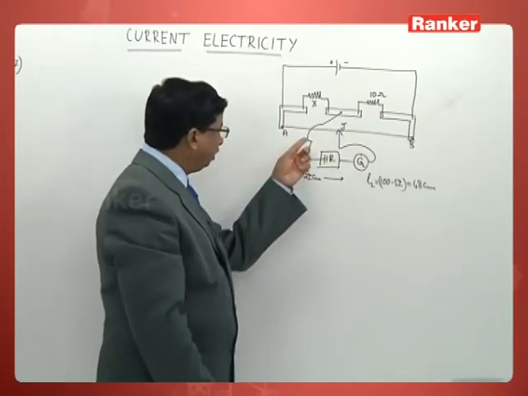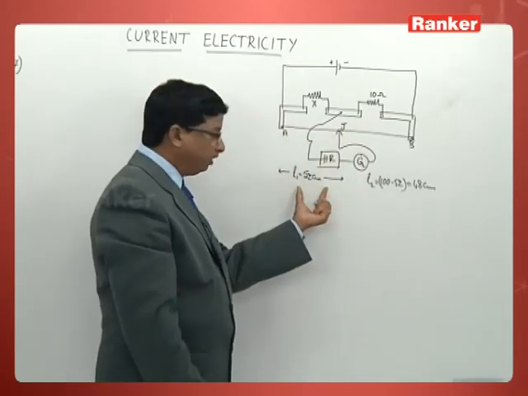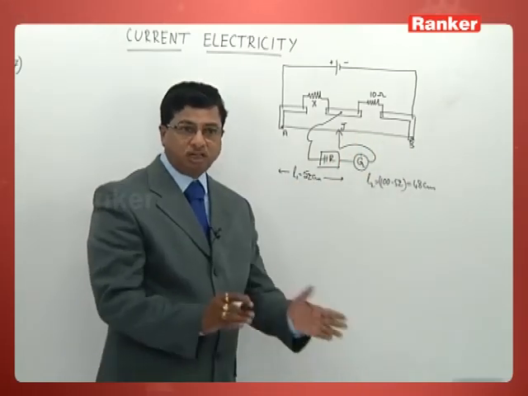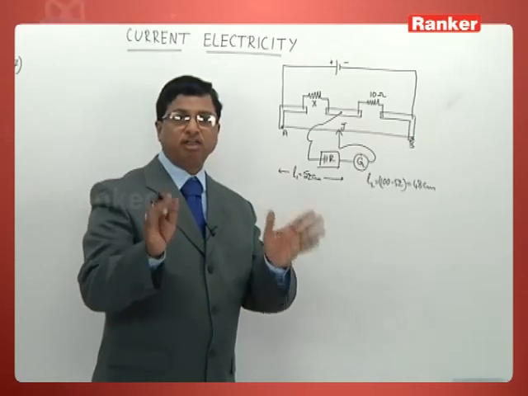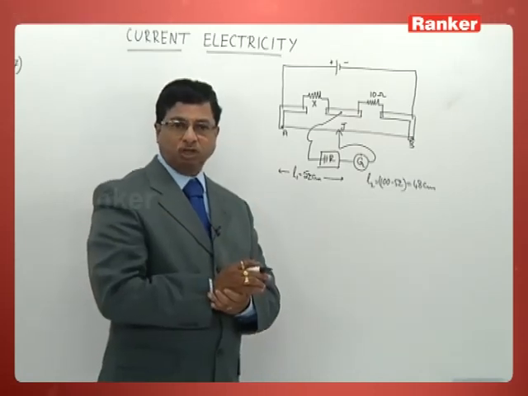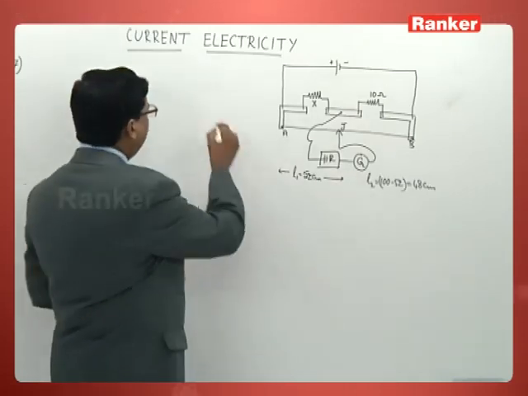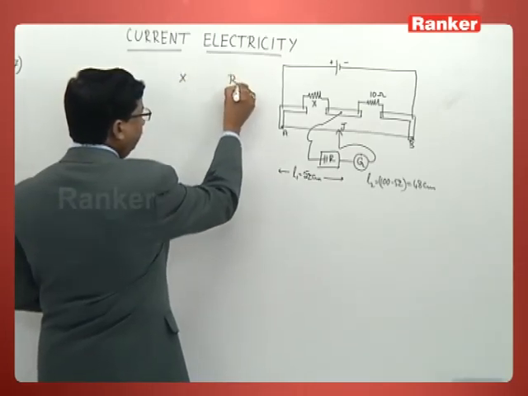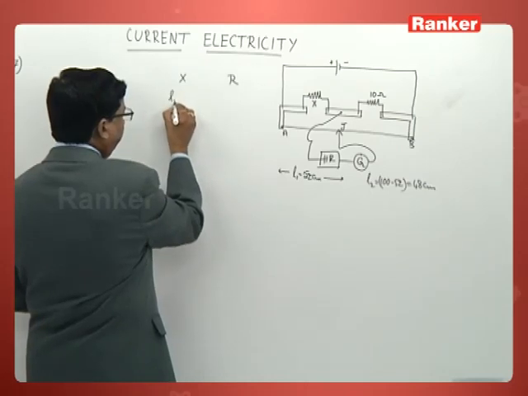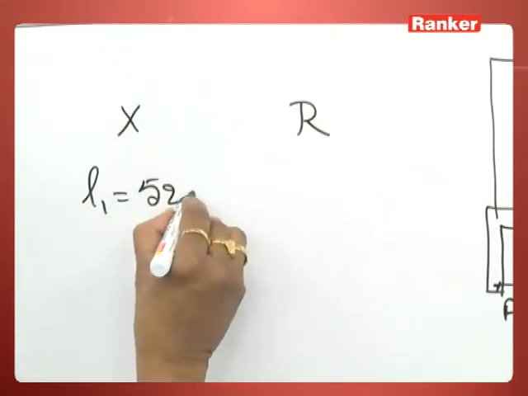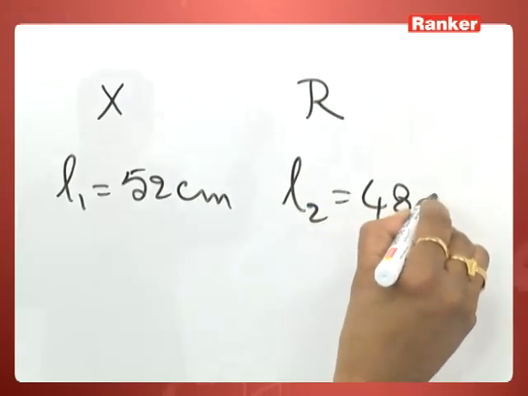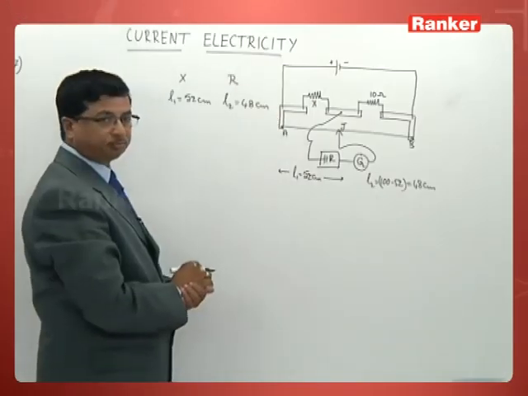In addition to that, one balancing length 52, the remaining length 48. That is what has been given very clearly in the problem. So generally speaking, one resistance is X over here, one resistance is R over here. L1 is 52 centimeter and L2 is 48 centimeter.